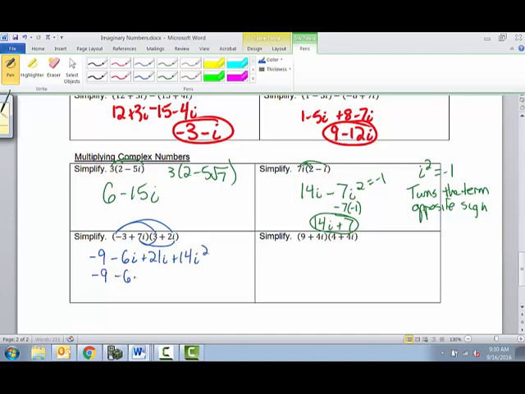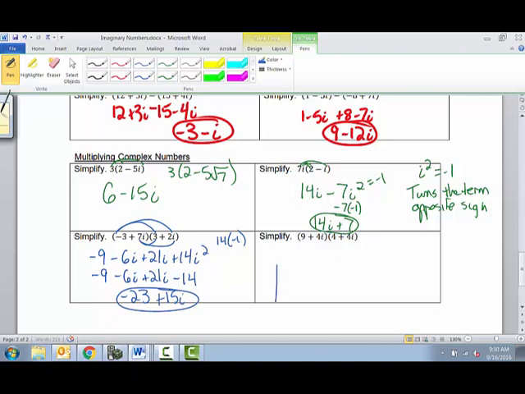So, I'm just going to rewrite those. And 14i squared is really just minus 14. I squared makes the 14 negative, because that's 14 times negative 1. And now we can add our like terms. Negative 9, negative 14 is negative 23. Negative 6i and 21i is positive 15i.